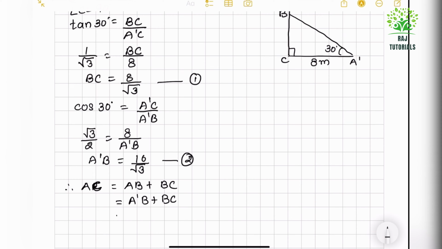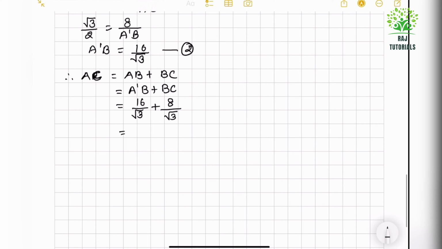So BC in the first case I have got 8 upon root 3, and in equation 2 I got 16 by root 3 as A dash B. So this will be 24 by root 3. Now if I rationalize it and multiply numerator and denominator by root 3, I will get 24 root 3 by 3. So if I cut 3 and 24, I get 8 root 3 meter. So I can say that AC will be 8 root 3 meter.